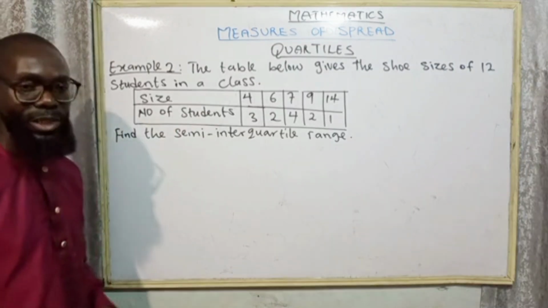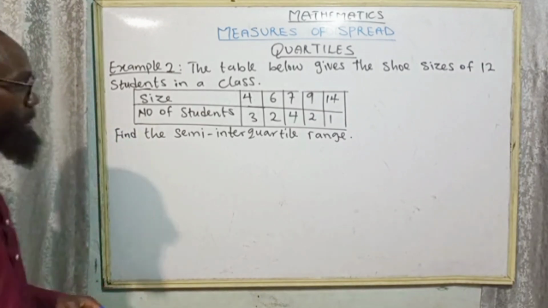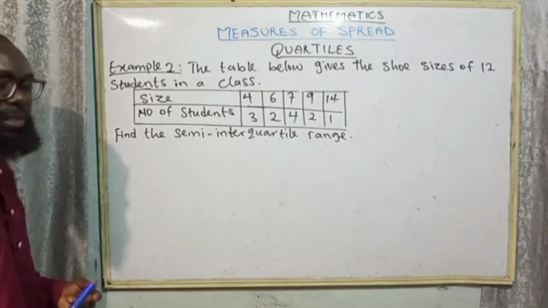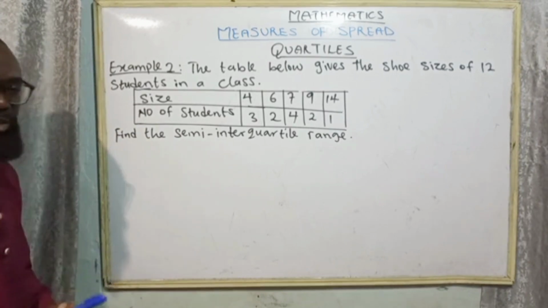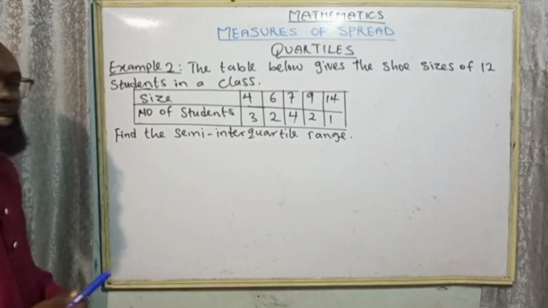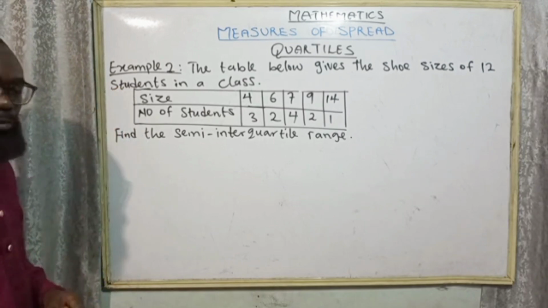The next question, that's example 2. The table below gives the shoe sizes of 12 students in a class. Find the semi-interquartile range. The first thing is to get the cumulative frequency of this table.